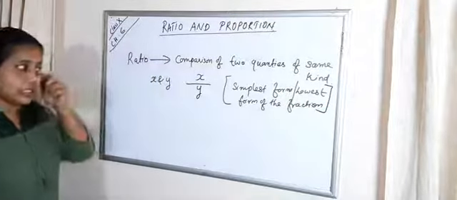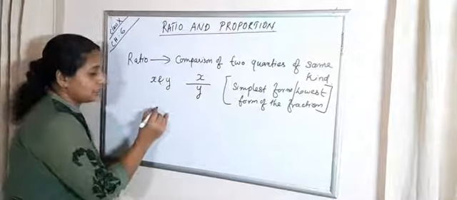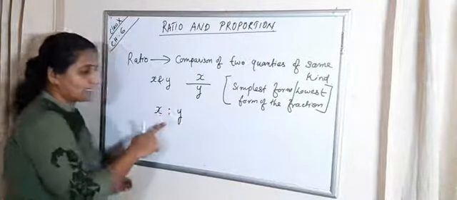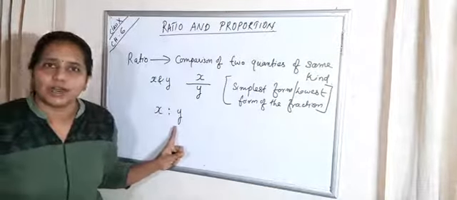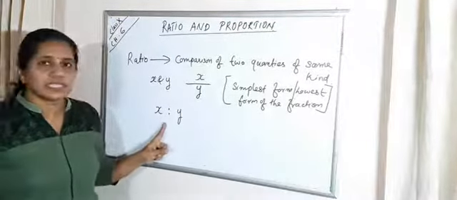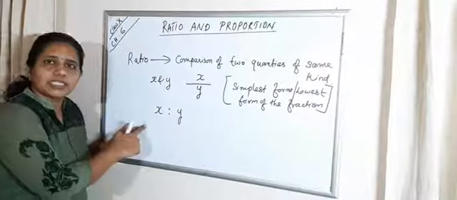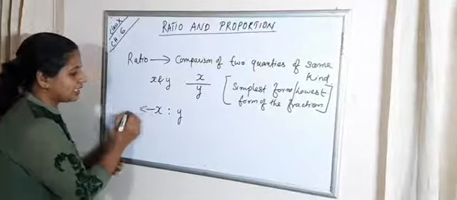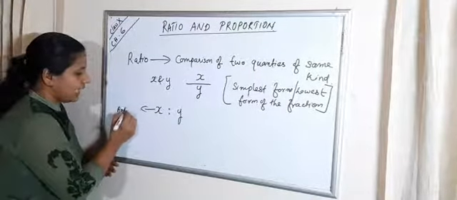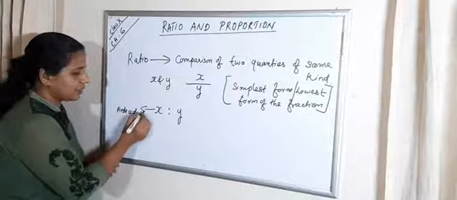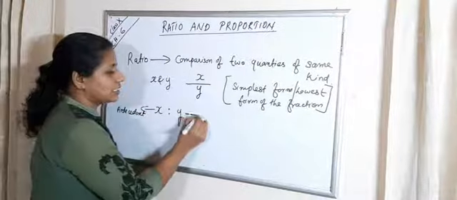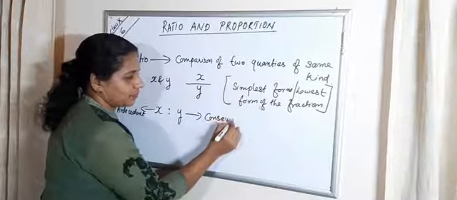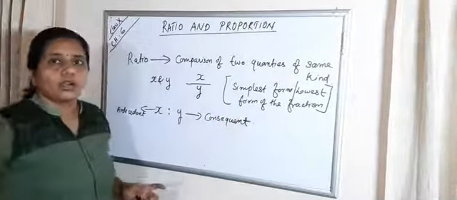Then how can we denote ratios? Ratio x and y we can denote using this simple form, x is to y. And the first term of every ratio is called antecedent, and the second term is called consequent.